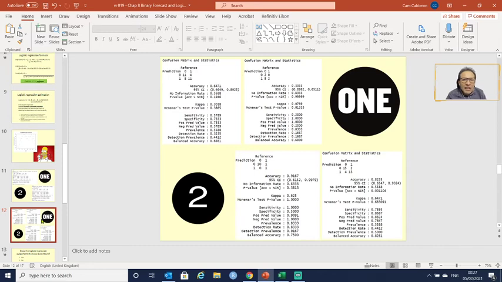So here we have the confusion matrix. The confusion matrix is something that I will explain to you. These are our predictions, 0 and 1, and we have a confusion matrix that is very interesting. For the first regression that we had, it has an accuracy of 64%.